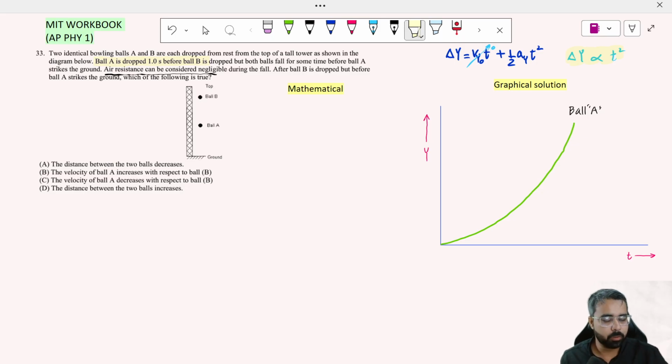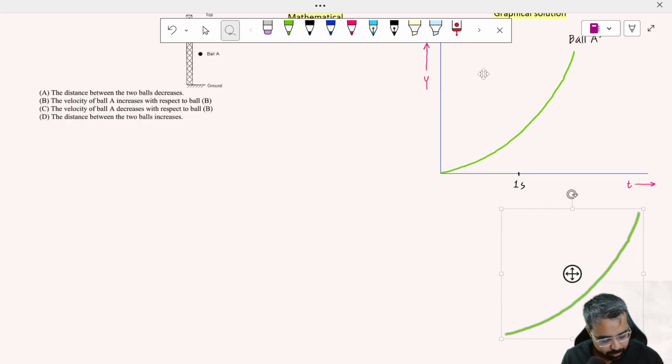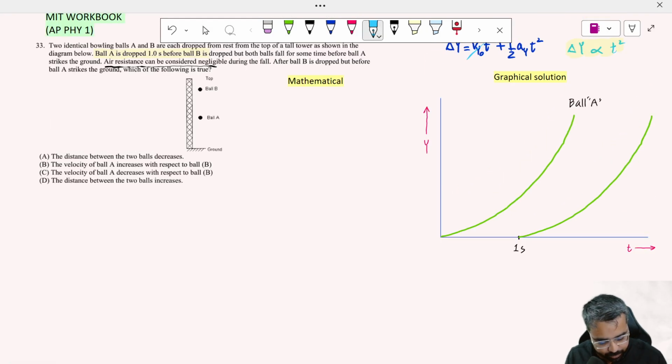For ball B, we will have the same graph, but starting right after 1 second. So if this is the 1 second, I'm drawing the same graph, dear students, starting from the 1 second. At the 1 second, what is the position for A?